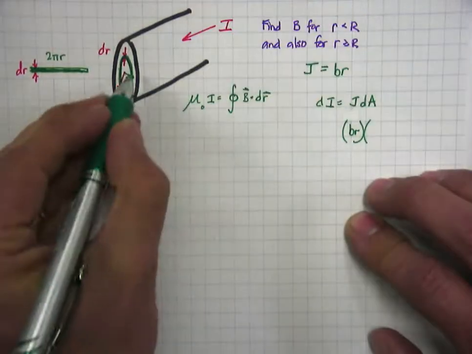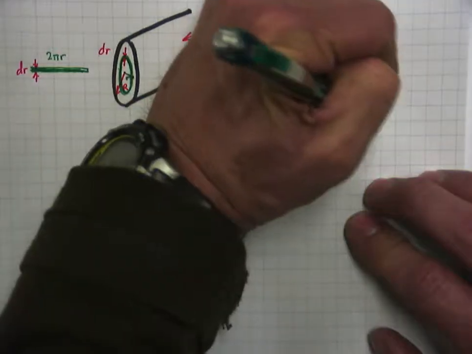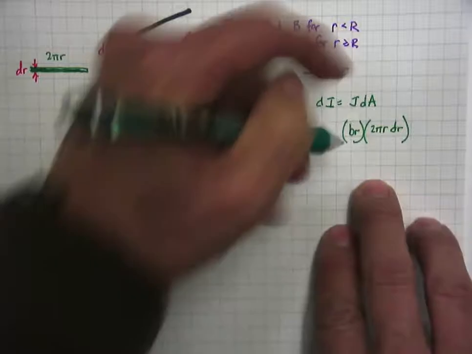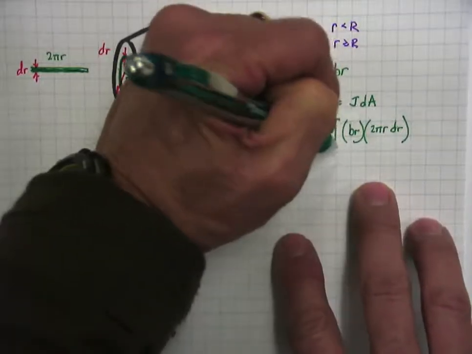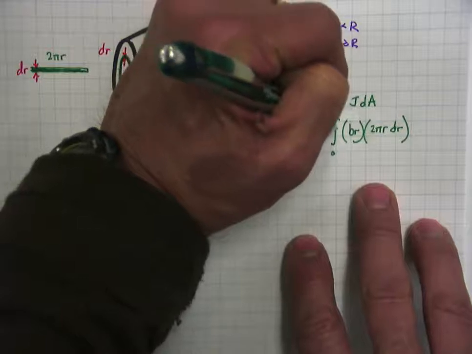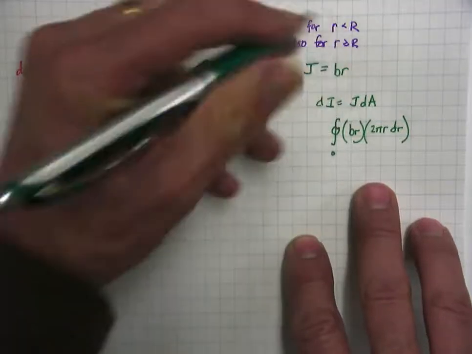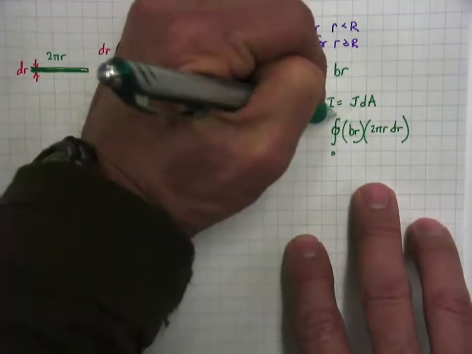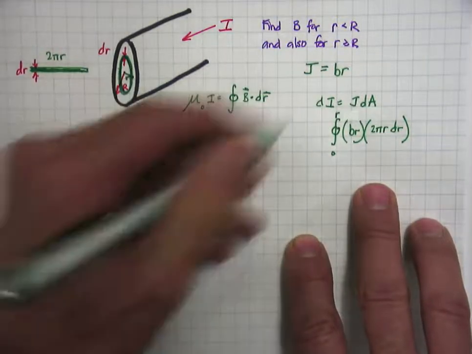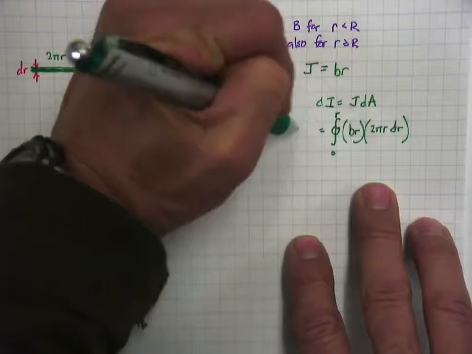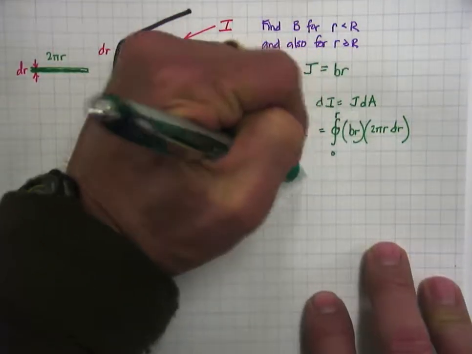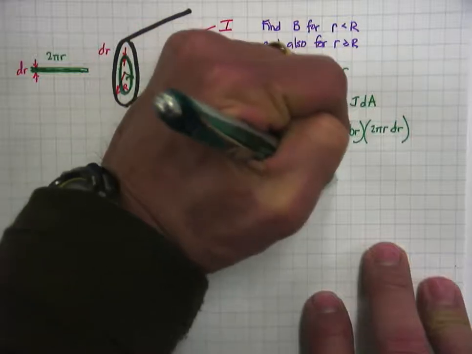And then the area of this is just going to be 2 pi r dr. And we're going to add that up from 0 out to whatever our r is, and that's going to give us our current, and that's a pretty simple integral.